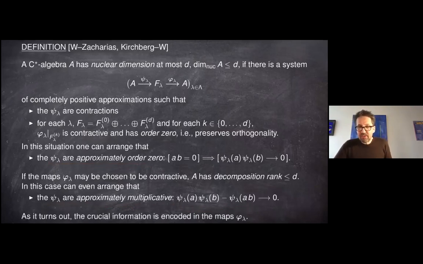For these two notions, it turns out that the maps psi lambda are less important than the maps phi lambda, because one can maybe not read off the maps psi lambda from phi lambda, but you can recover them from the phi lambda maps, which are as good as the psi lambda.